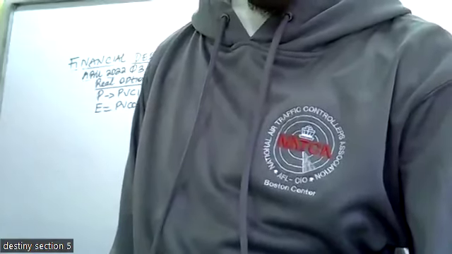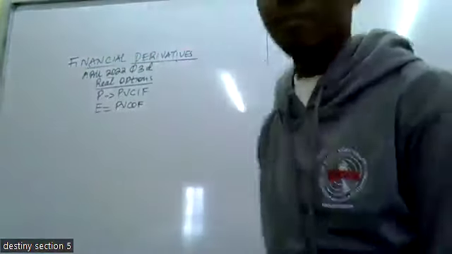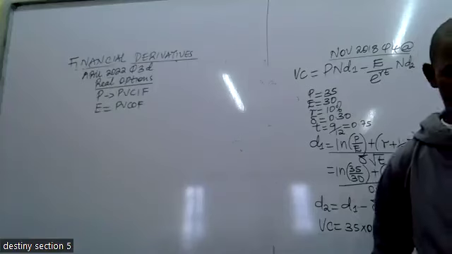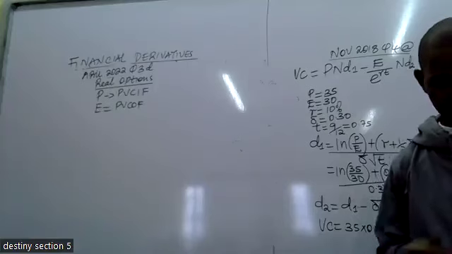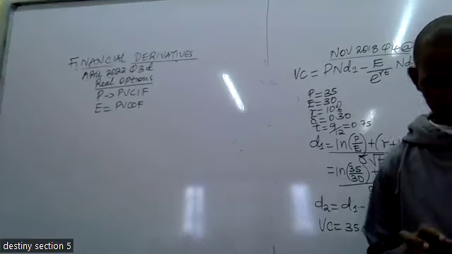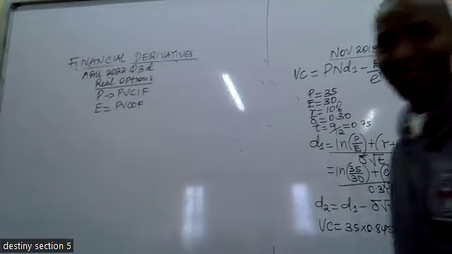When do you know what are the real options? What are the real options? It's a question that was in the previous sitting.